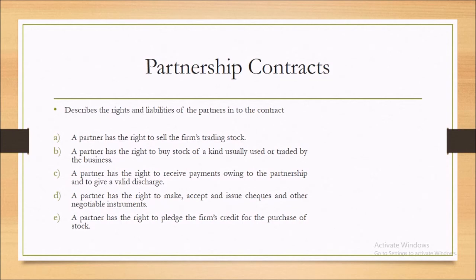And then finally, a partner has the right to pledge the firm's credit for the purchase of stock.